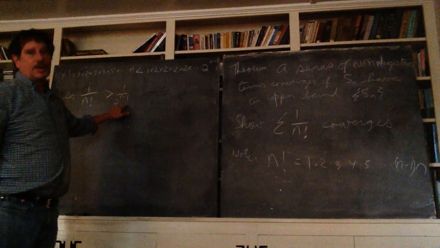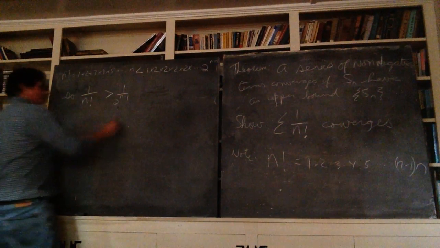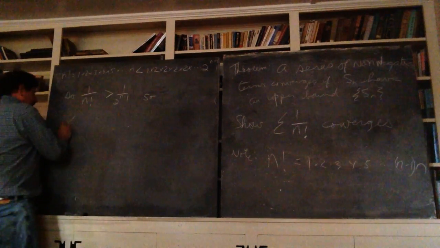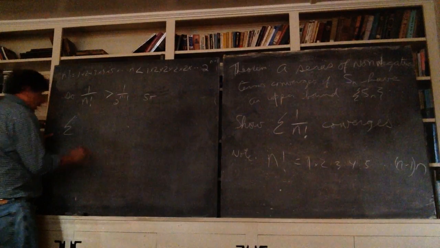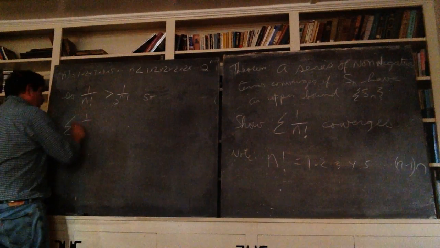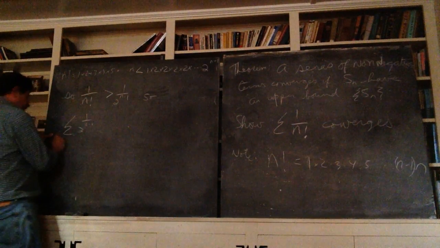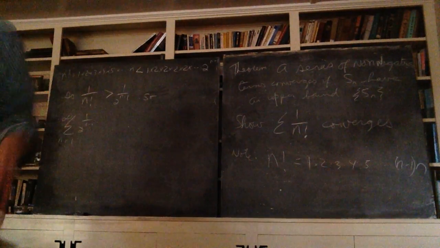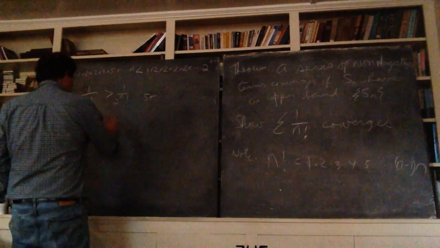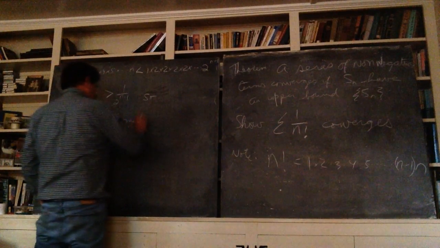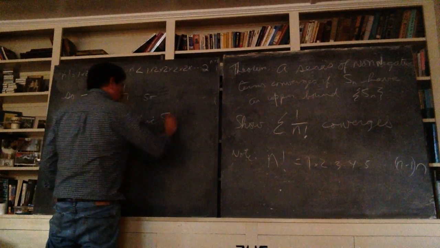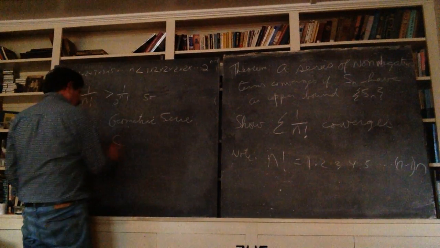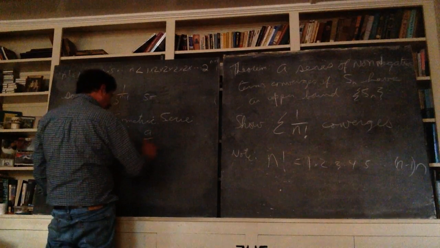And this I'm going to show converges. So now it's a matter of showing 1 over 2 to the n minus 1 converges. And this is a geometric series. So the sum is a over 1 minus r.